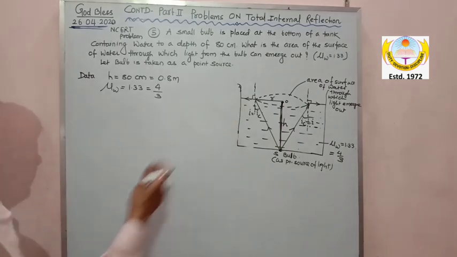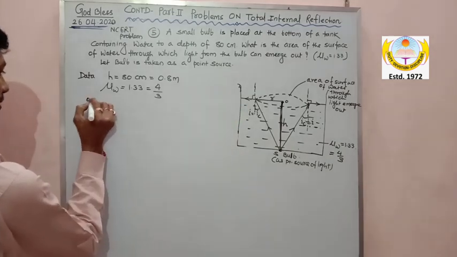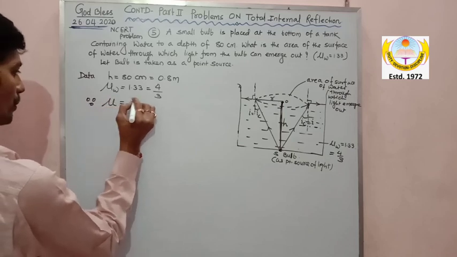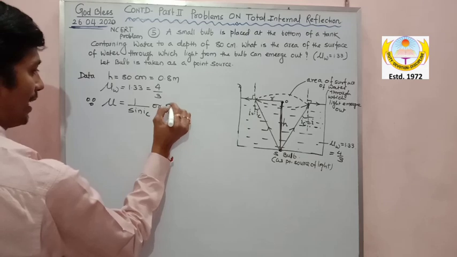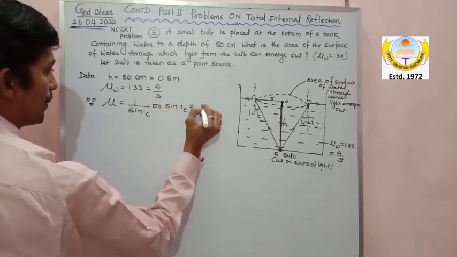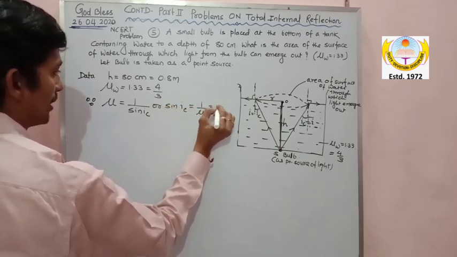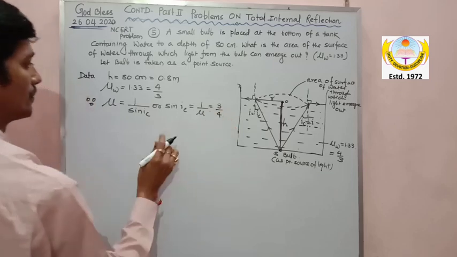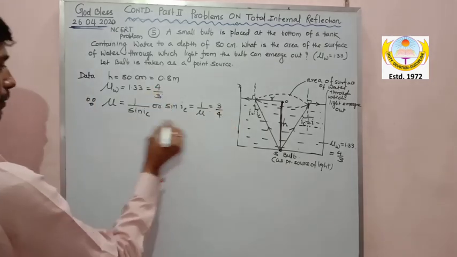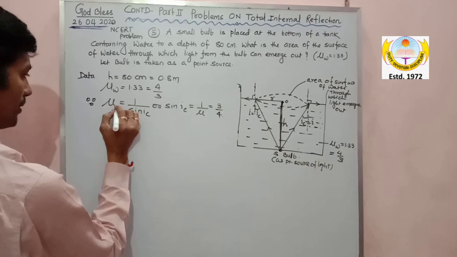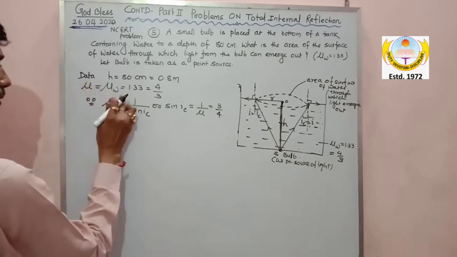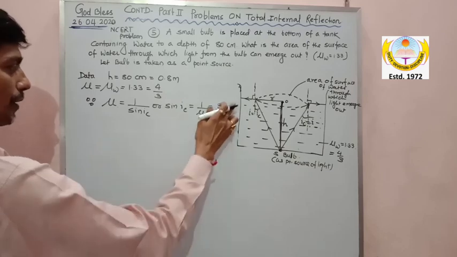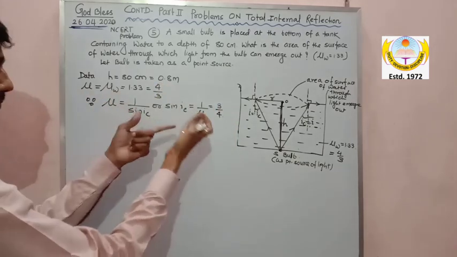So now, my dear, you all know that since mu is equal to 1 by sin IC, or sin IC is equal to 1 by mu, that is equal to 3 by 4, because mu is mu of water. So it will be 3 by 4, reciprocated.